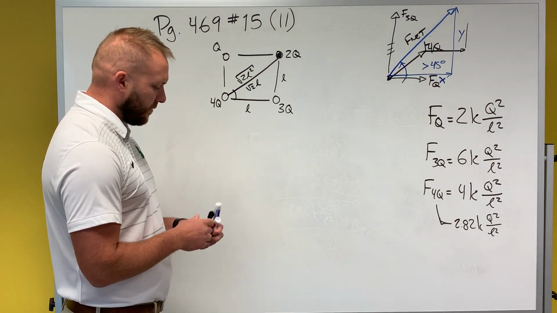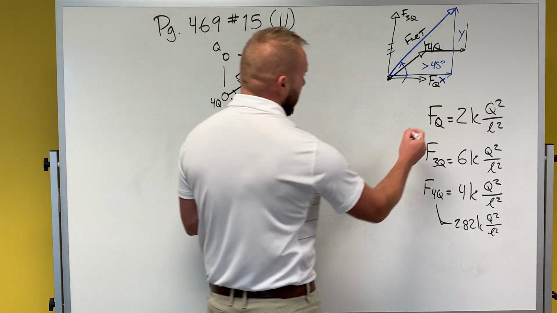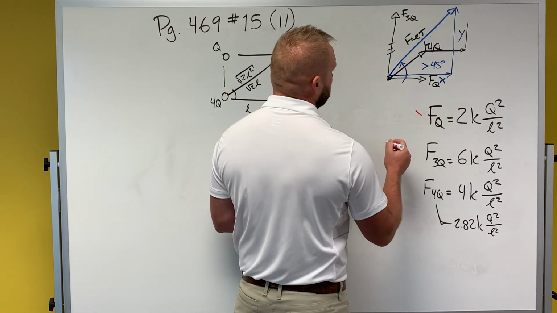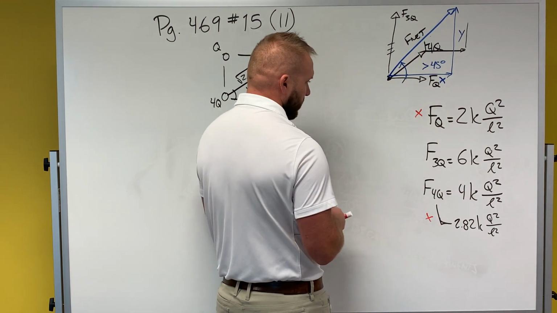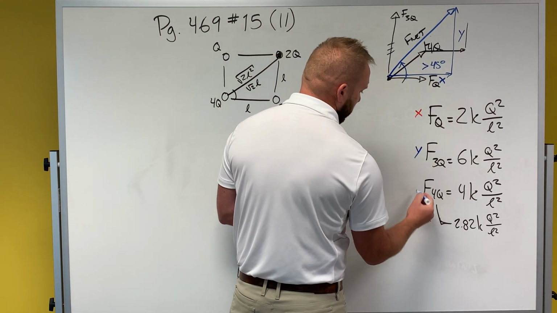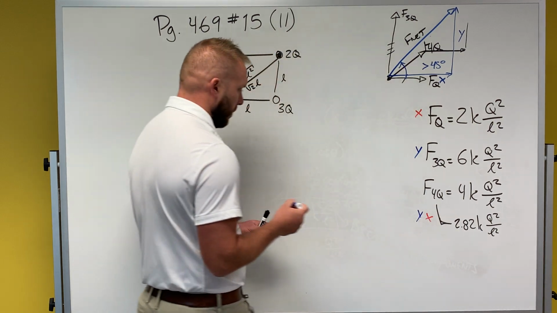So what that's going to look like is these are my x values. This is an x, and then this is an x. These are my y values. This is a y, and this is also a y. Okay?